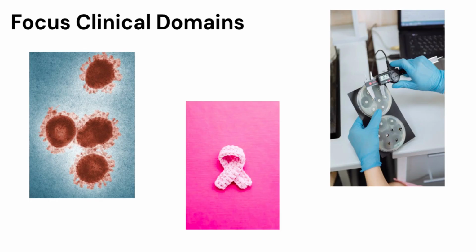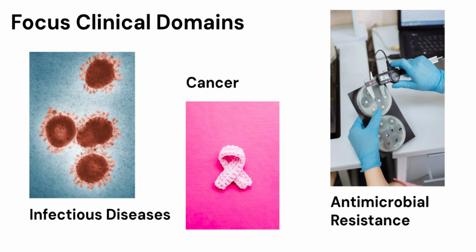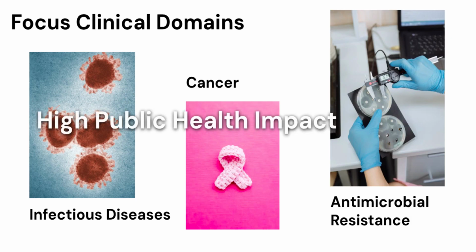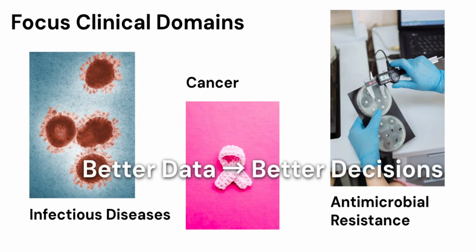In this demonstrator, xShare prioritizes three high-impact clinical domains: infectious diseases, cancer, and antimicrobial resistance, or AMR. These areas represent urgent public health challenges, where improved access to structured and comparable data can directly translate into better decisions and better outcomes.